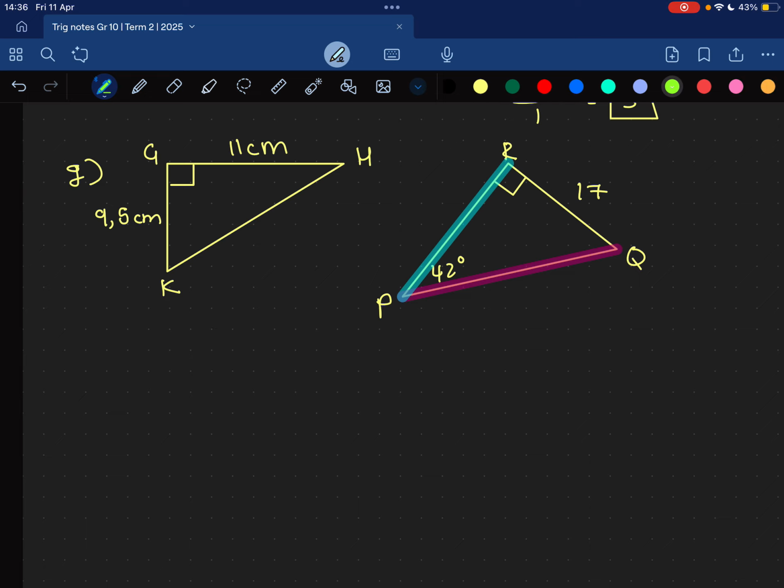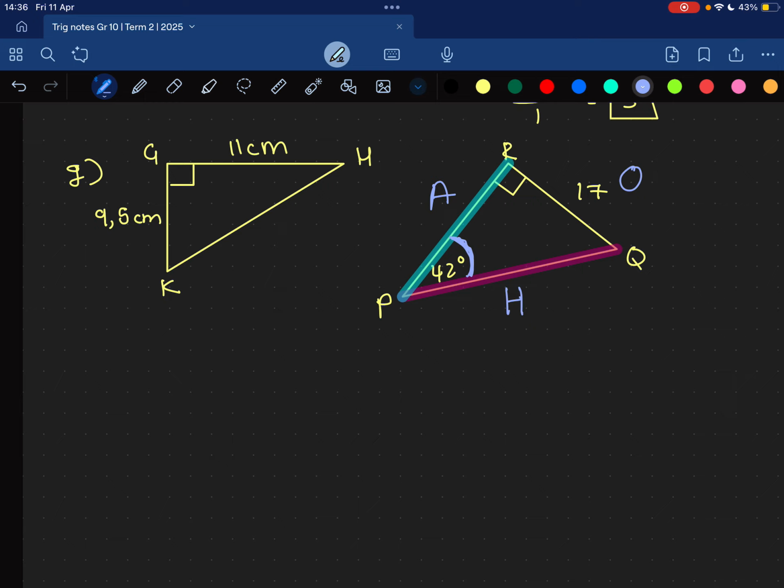So it's important that you label your triangle first. You can see that here is your angle that's given. So I'm going to label PQ as H because it's the side opposite to the right angle. And the one that is opposite to the 42 is the 17, which is the opposite. And the one next to it then is the adjacent.